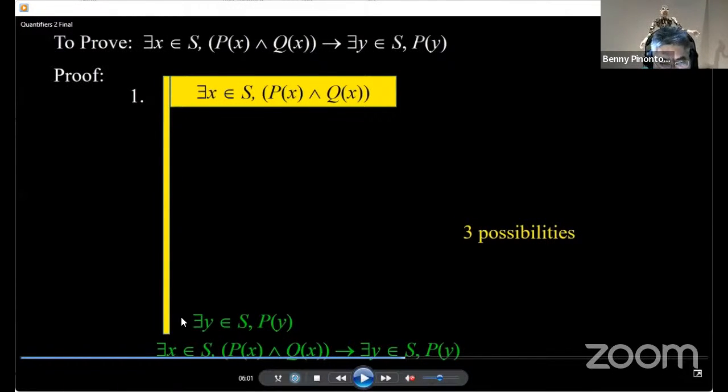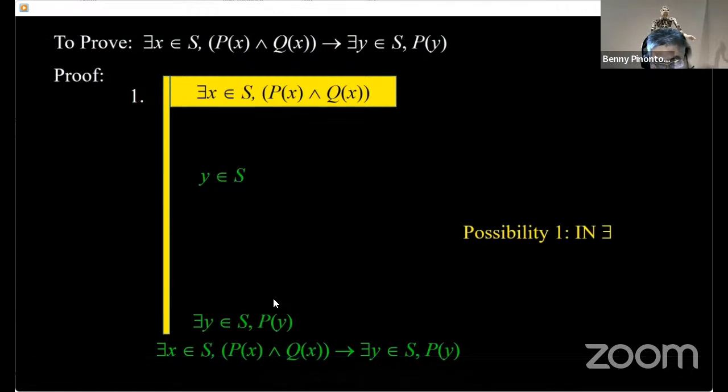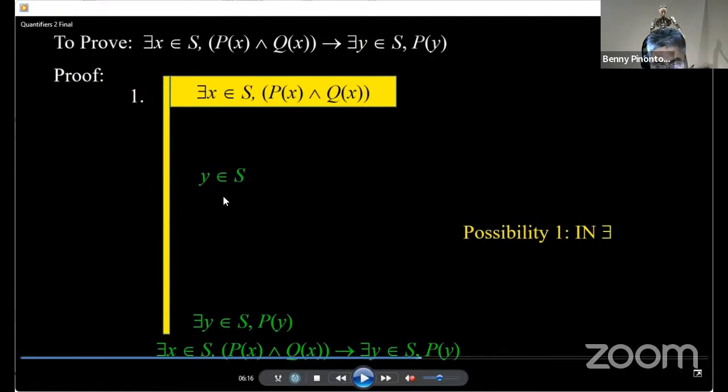To get this, there are 3 possibilities. The first one is by introduction of there is. If you have something like this, then you can conclude that. But how are you going to get that? So if you have this and that, then you can have that. Okay, so that is the introduction of existence quantifier.